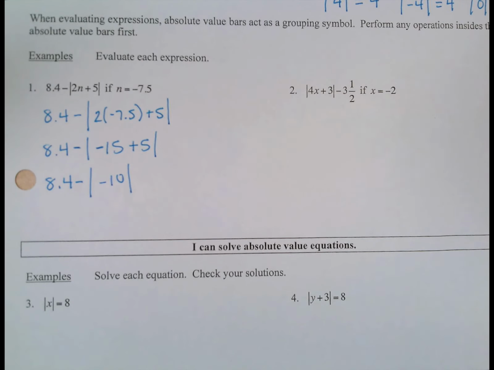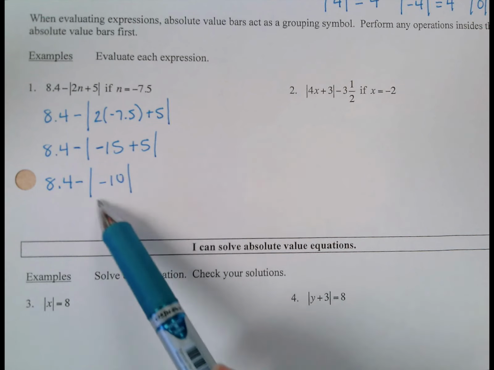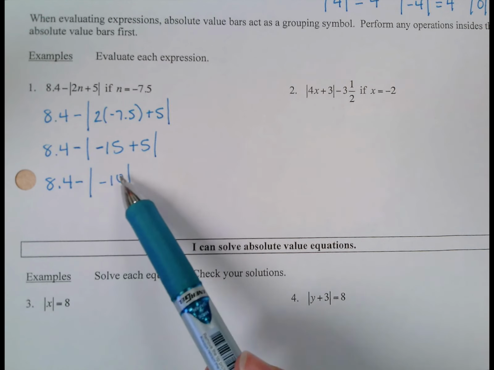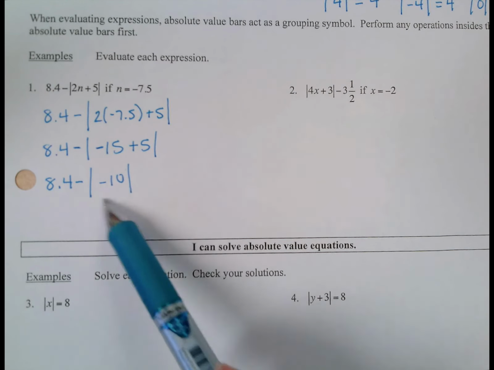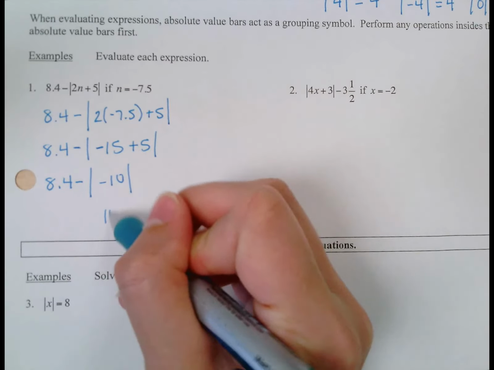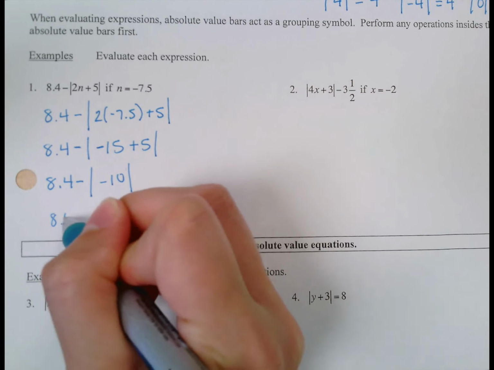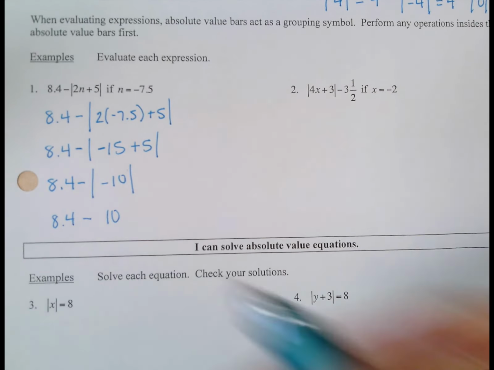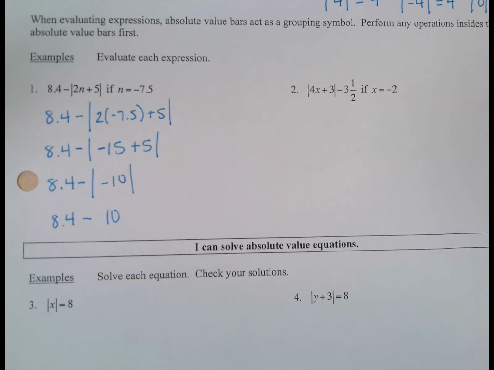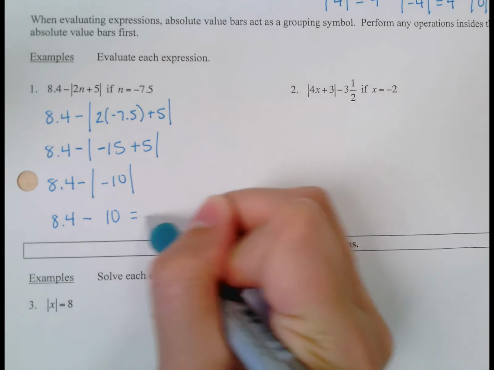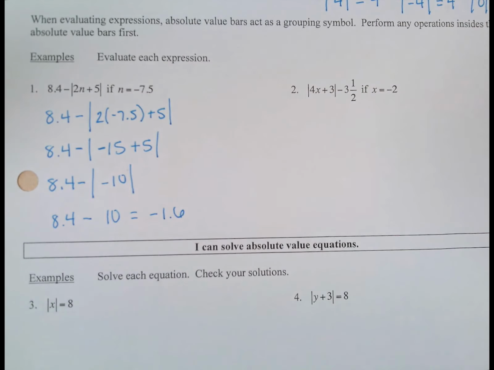We did not take the absolute value yet. So now in this step, we actually take the absolute value of this number once you get one number inside of there. The absolute value of negative 10 is positive 10. So this becomes 8.4 minus positive 10. Or just 8.4 minus 10, so it's negative 1.6.